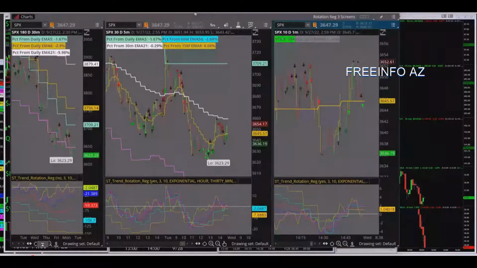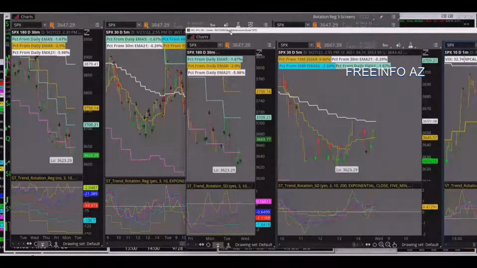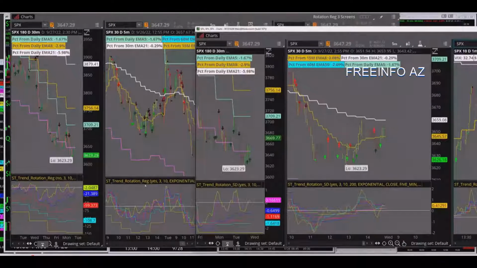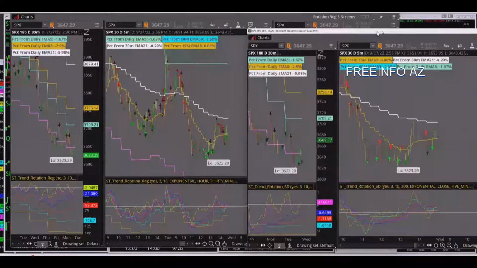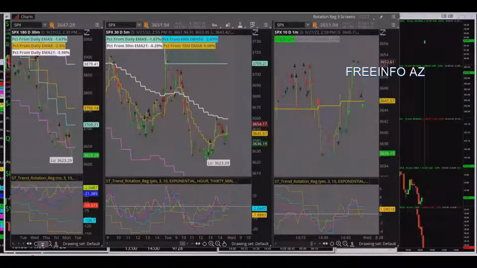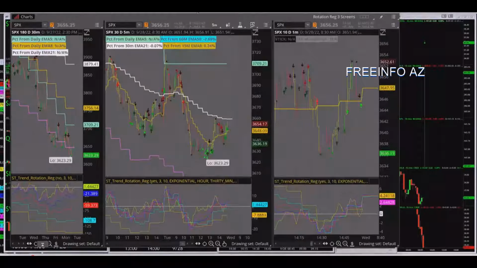They're similar, this one is just faster. We'll go over this more, so don't worry. The difference between regular and SD, which stands for standard deviation, we'll get into why that's important in a little bit.